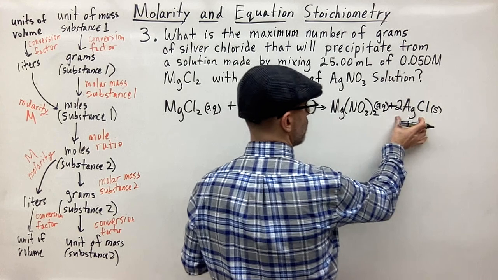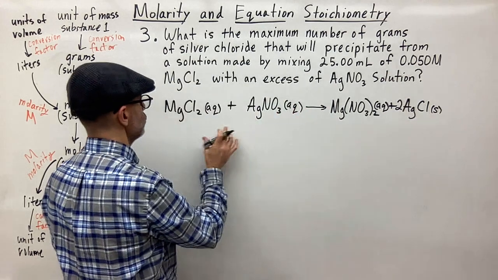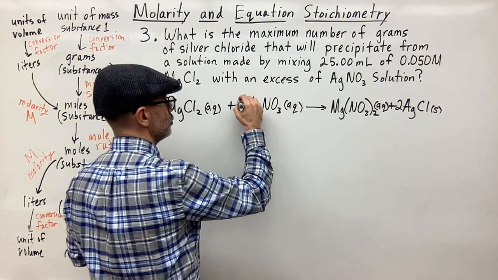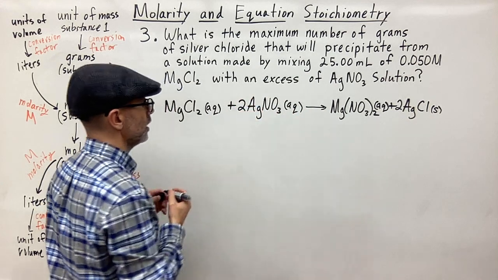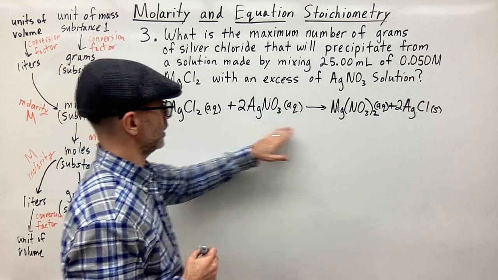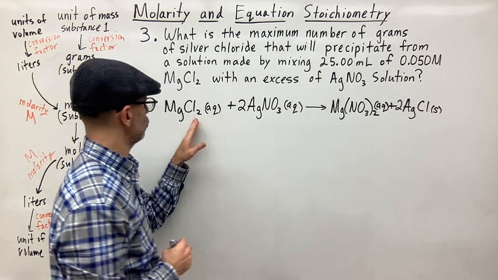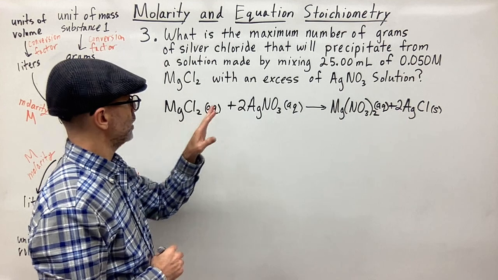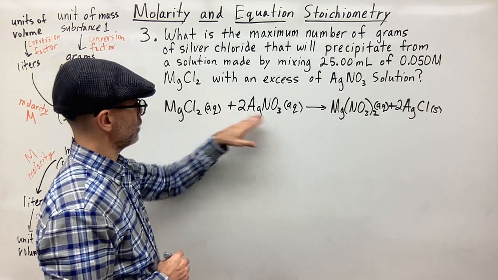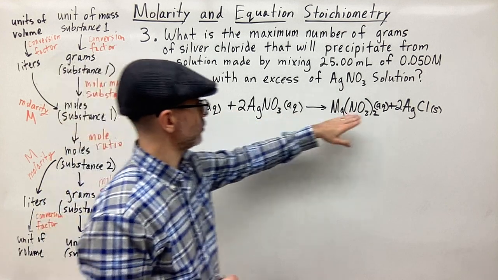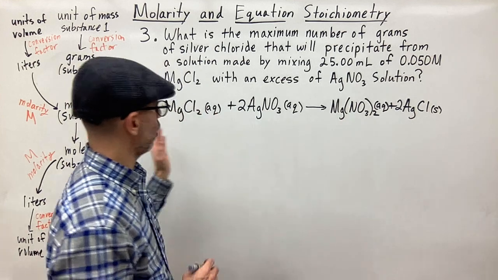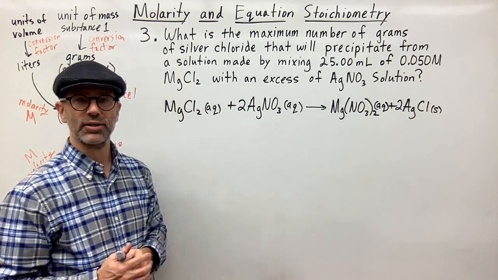But then I need to rebalance my silver, so I'm going to have to come here and put a 2 there. Okay, silver is now balanced again. My chloride, two chlorides. And then what about nitrates? I have 2 nitrates here and I have 2 nitrates there. And so everything's balanced. So I have my balanced equation.